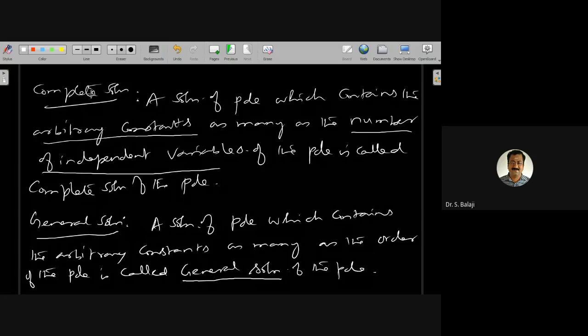That is the idea we can use. Therefore, complete and general solution are similar and related to each other.